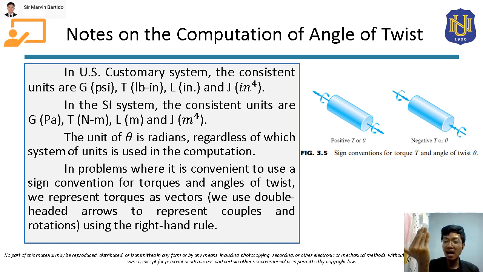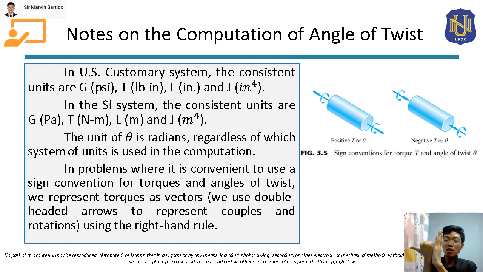The cross-section is here, and then the rotation is here. And class, notice the direction of the thumb. The direction of this thumb will represent the direction of the double-headed arrow. Again, this is the cross-section, and this is the counterclockwise rotation.